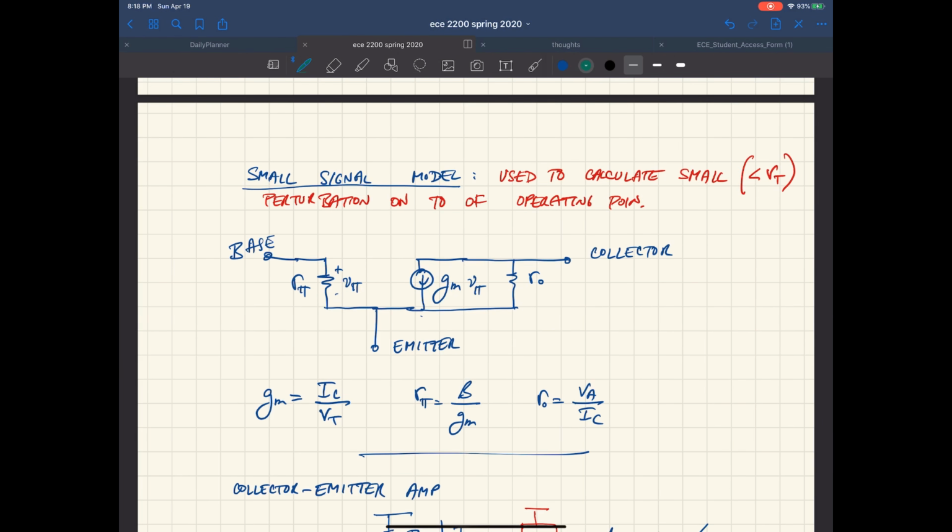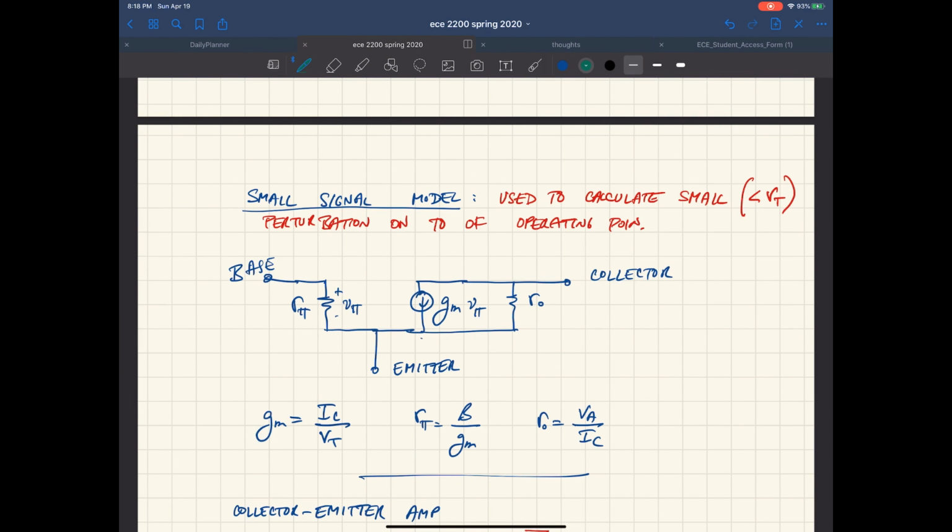Okay, so here's the small signal model. As I mentioned, the large signal model has exponentials in it. Once you plug that circuit model into a big complex circuit, you're going to have a heck of a time mathematically dealing with exponentials.